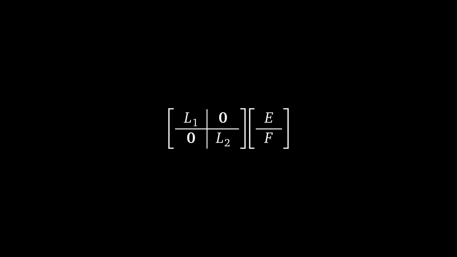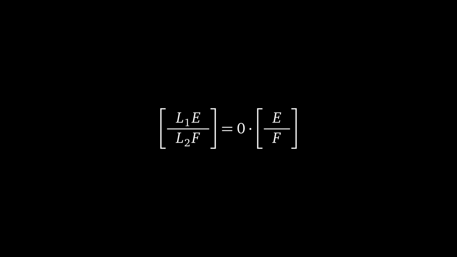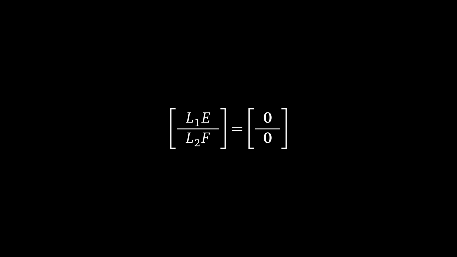Here we're taking the dot product with the block matrix format. And through some algebraic manipulation, we can see that we need L1·E and L2·F to be 0 to get eigenvalue 0.